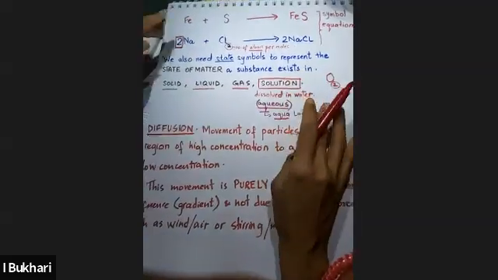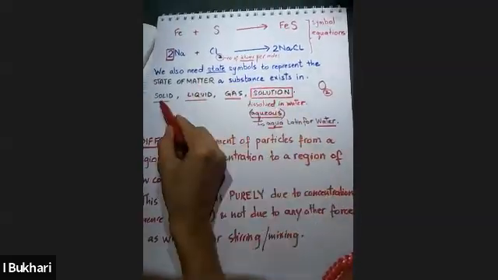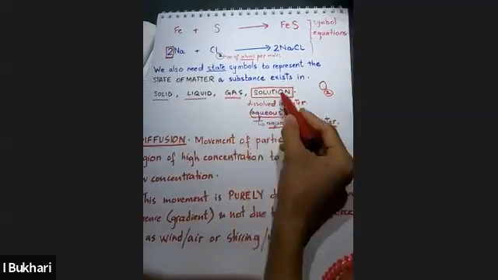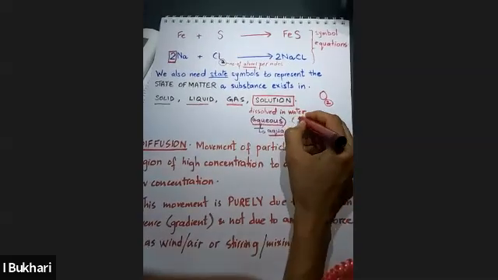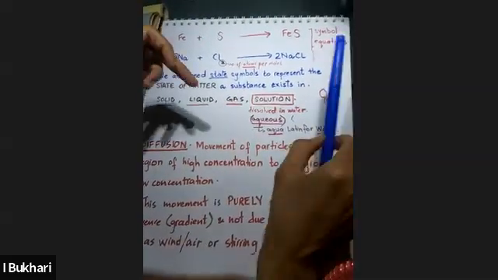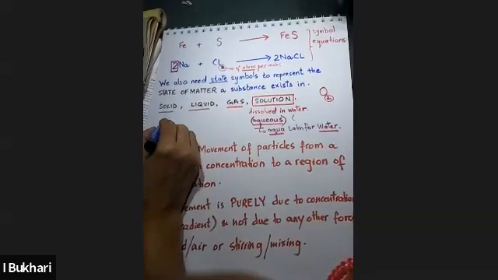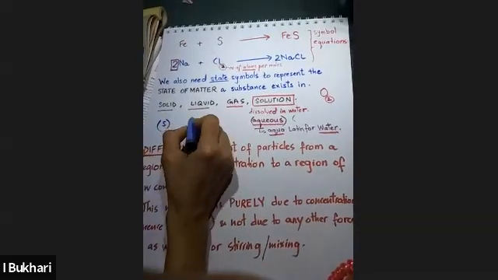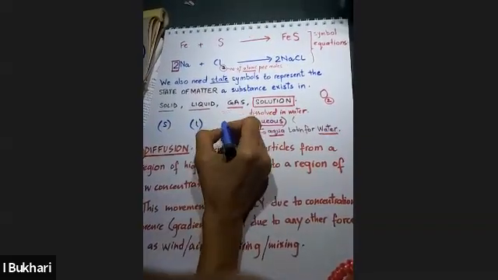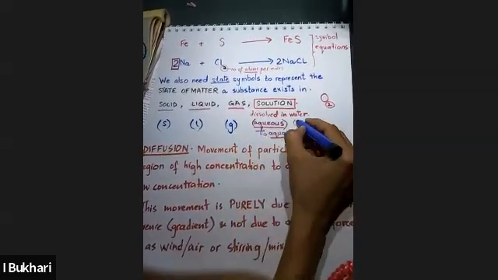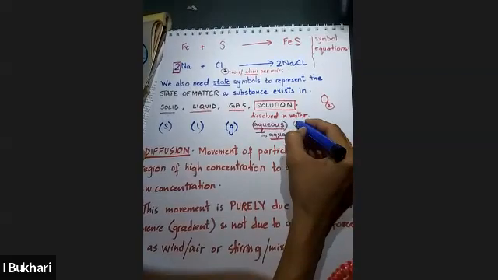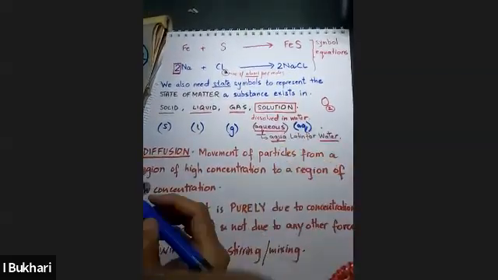We want to know which one a substance exists in: solid, liquid, gas, or dissolved in water as a solution, in which case we use the symbol aq. The short form symbols: for solid, we use s. For liquid, we use l. For gas, we use a small g. And for aqueous, we use aq.